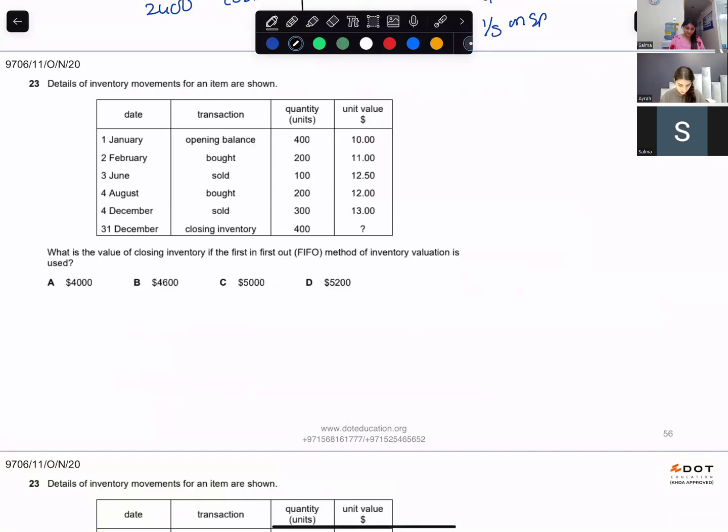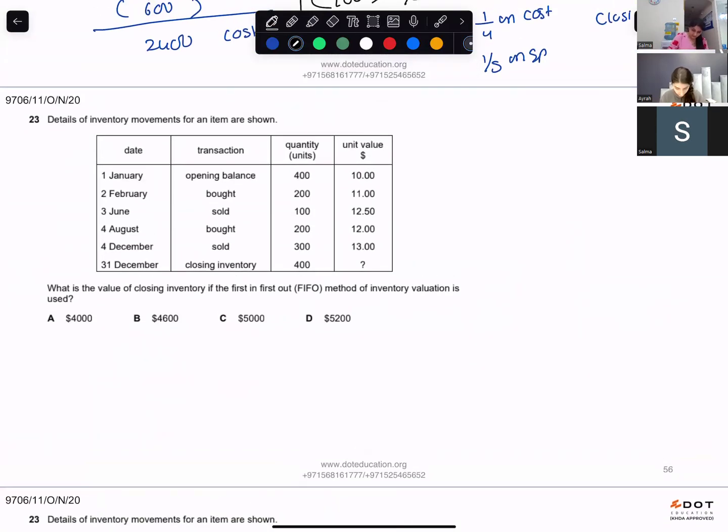What is the value of closing inventory if the first in, first out method of inventory valuation is used? Closing inventory will be valued out of the latest purchase. First tell me what is the production? 400, 200, 600, 800.